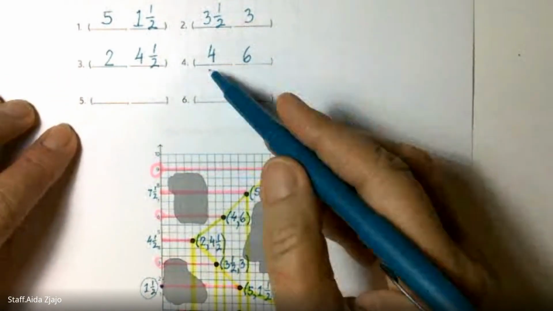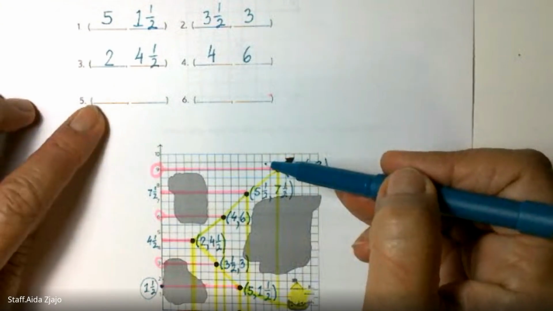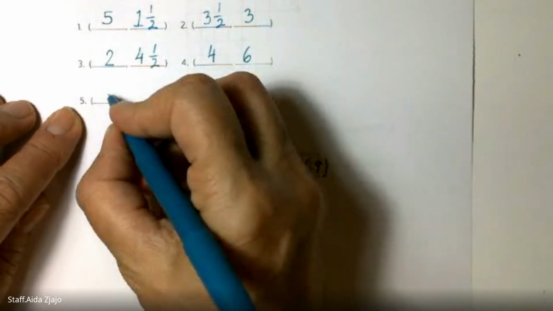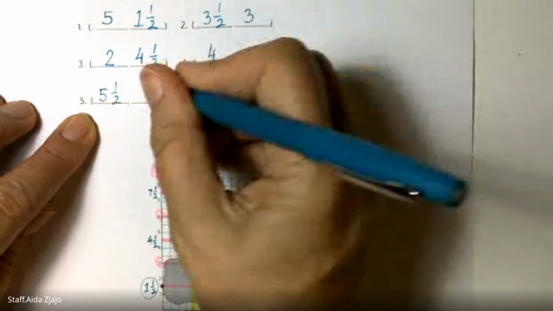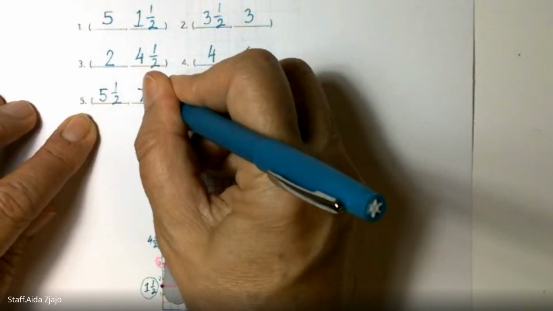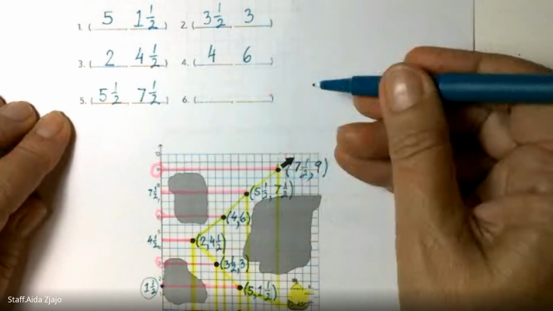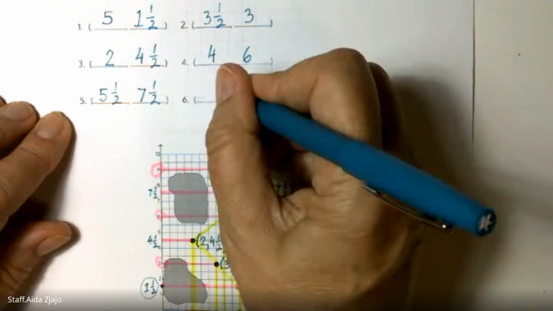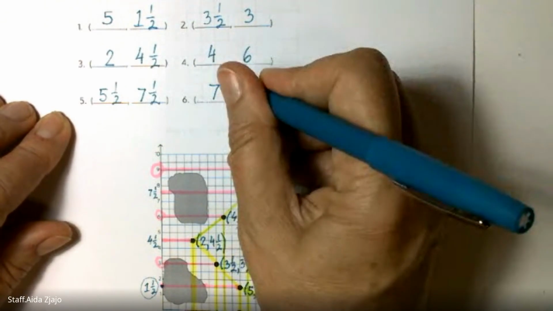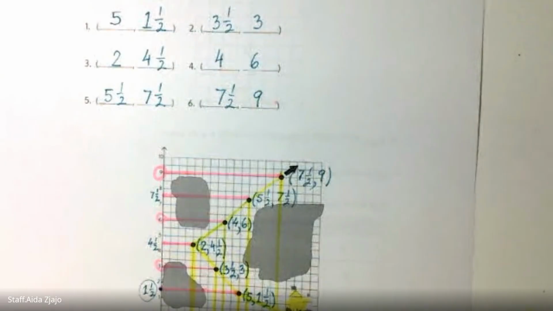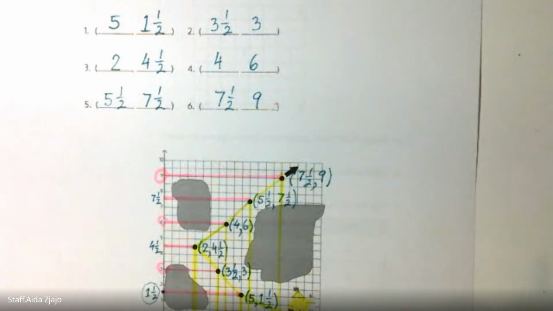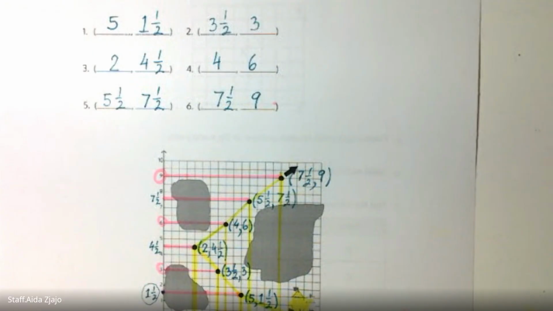X is 4, y is 6. Number 5 is 5.5 and 7.5. And number 6 is 7.5 and 9. So we have all the coordinates that we needed for the ship to navigate safely.